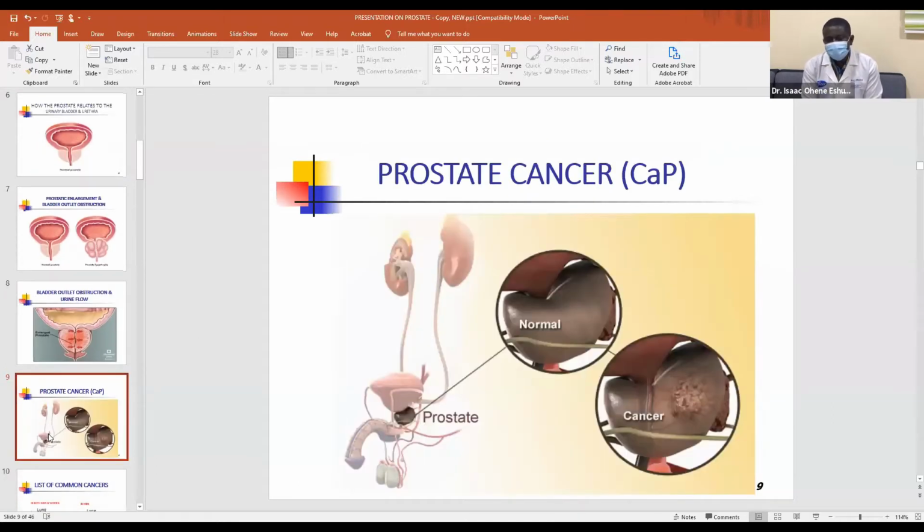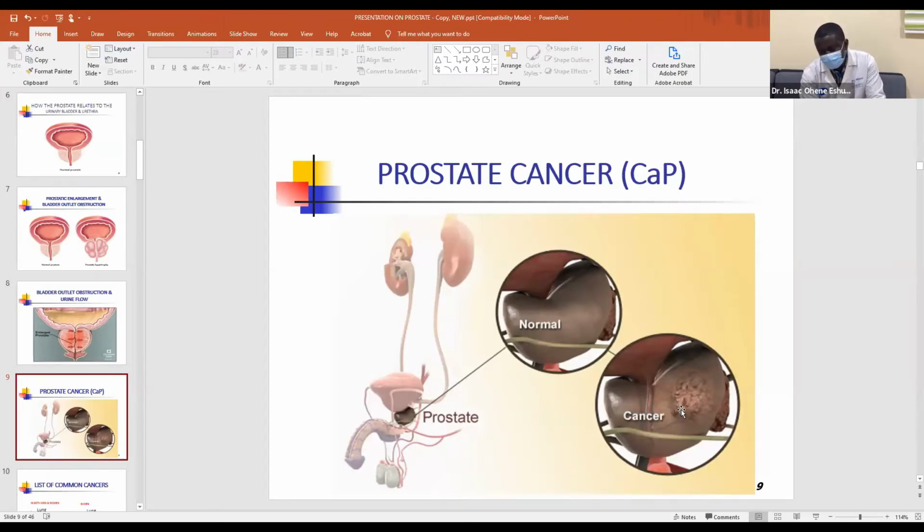Now the next slide gives us a live image of a cancerous prostate. Here is a normal prostate texture. As you can see, the cells here are homogeneous. When we say homogeneous, they have the same uniformity. You don't see any contrast.